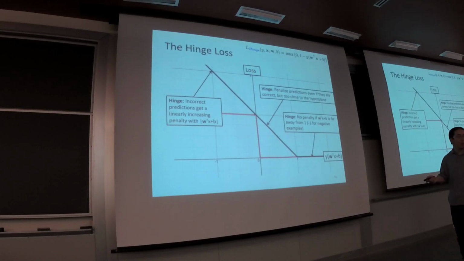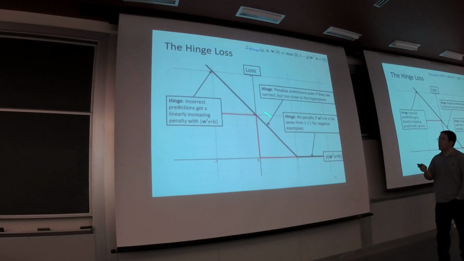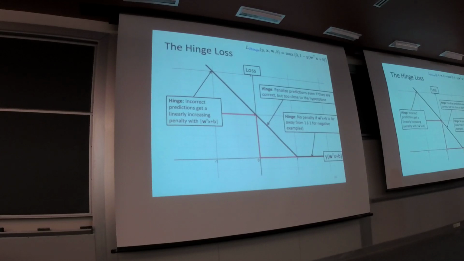But there's some intermediate region, right? Even if you make a correct prediction, say the function margin is between 0 and 1, the hinge loss is still non-zero. Why? Because you are too close to the classification boundary. You break into the margin, although you still make the correct predictions.